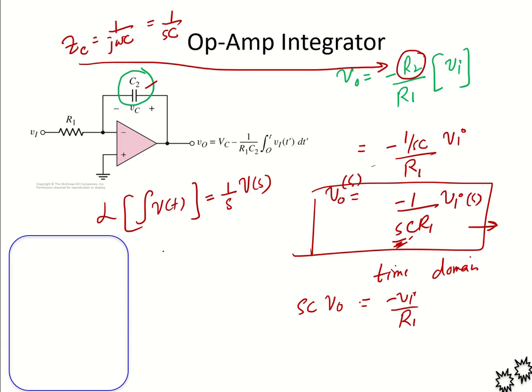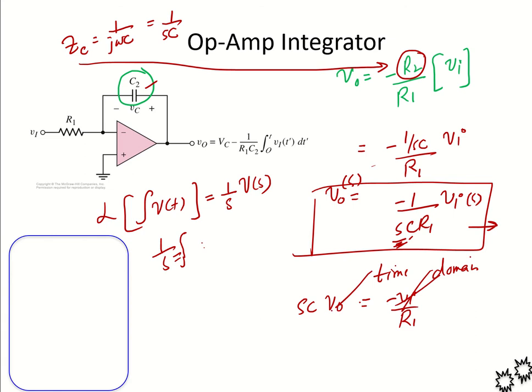So basically 1 over s represents the integration. Either we can take the differentiation here and go from that, but the easier way is to directly plug in this property.